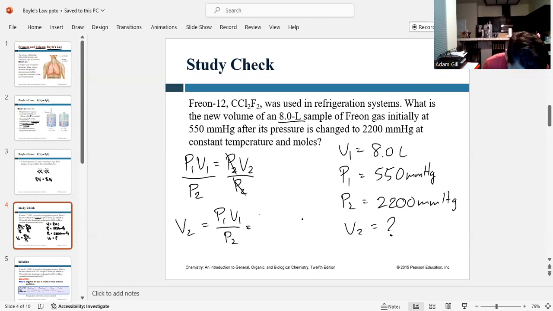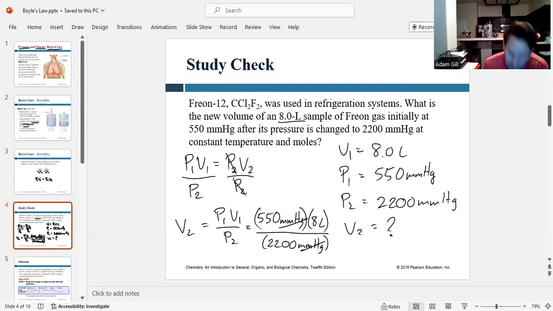So initial pressure was 550 millimeters of mercury. The initial volume was 8 liters. And the second pressure was 2,200 millimeters of mercury. Millimeters of mercury cancels. We're left with liters, which makes sense because we're solving for volume.